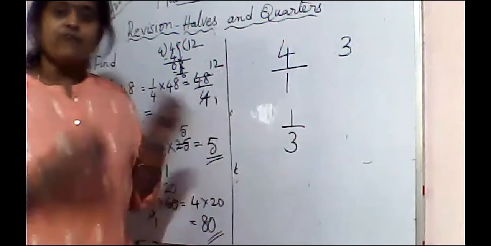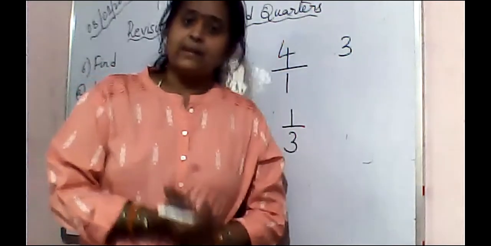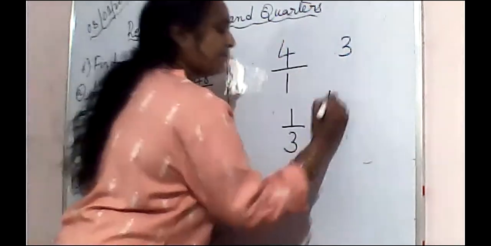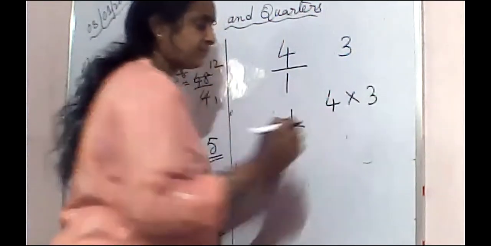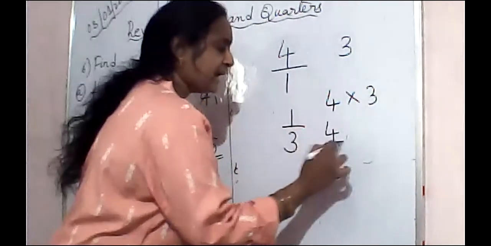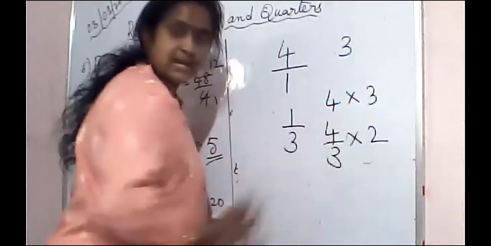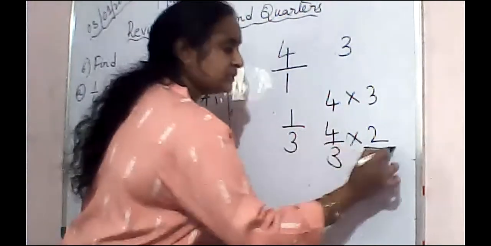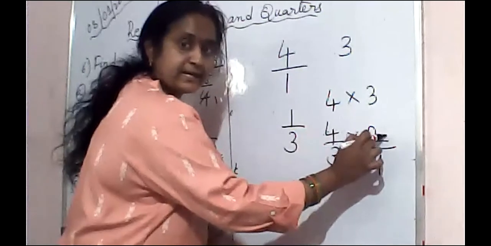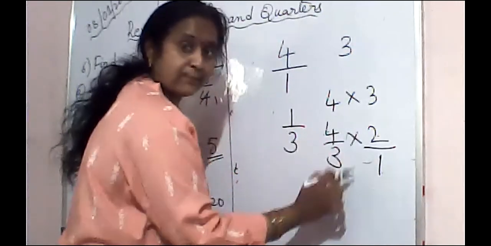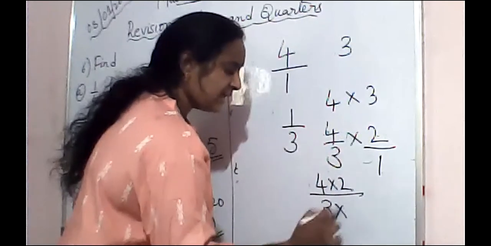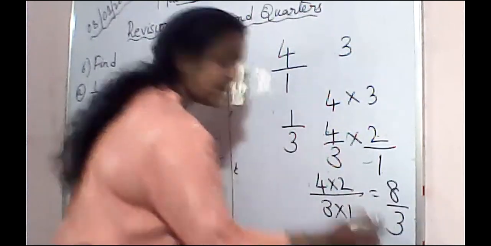When we can cancel: if the numbers are in the numerator and denominator, we can cancel. If the numbers are both in numerators, we have to multiply them. 4 by 3 into 2. 2 means 2 by 1. We multiply the numerators and multiply the denominators. 4 twos are 8 by 3 into 1, so 8 by 3 is the answer.